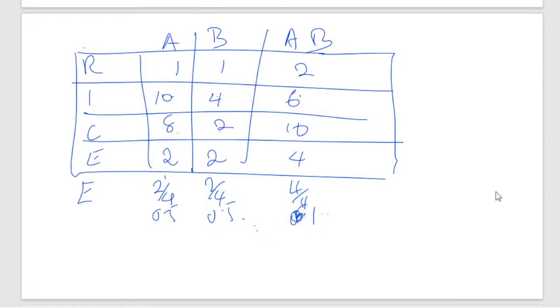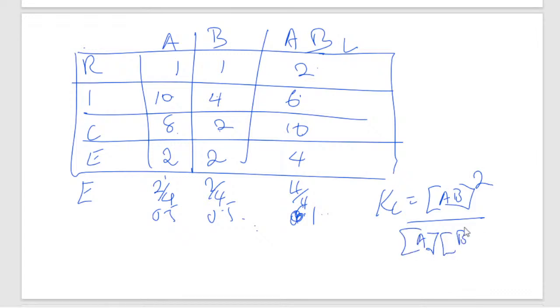Now I say Kc is equal to the concentration of AB, because it is the product, squared, over the concentration of A and the concentration of B. The concentration is 1 squared, divided by A, which is 0.5, times B, which is 0.5, which gives me Kc to be 4.